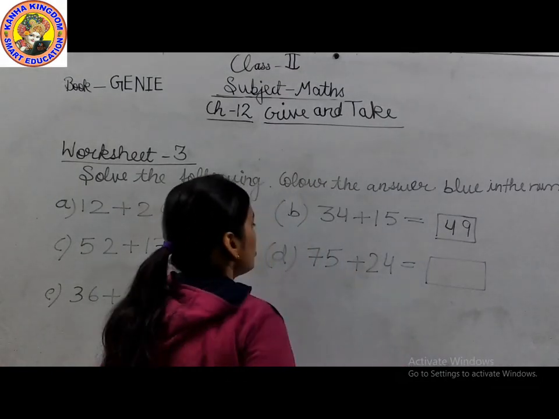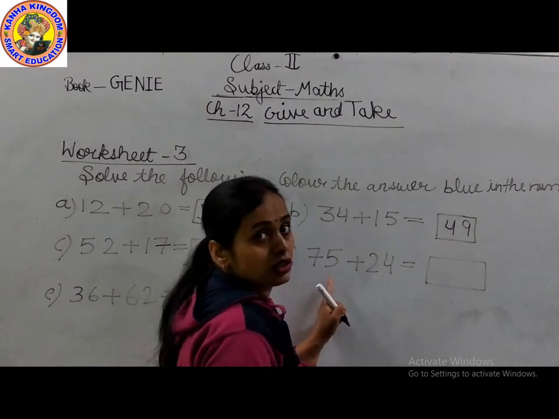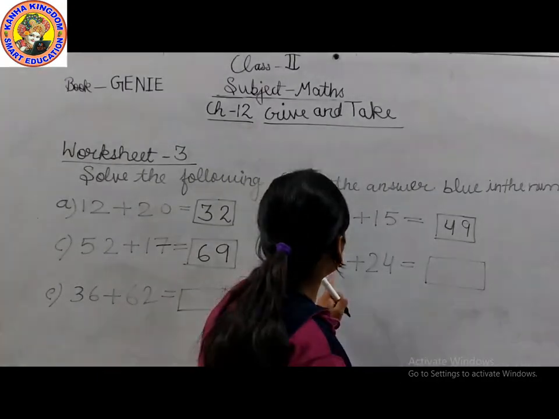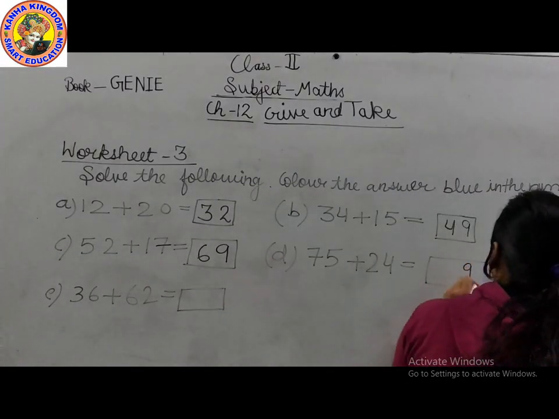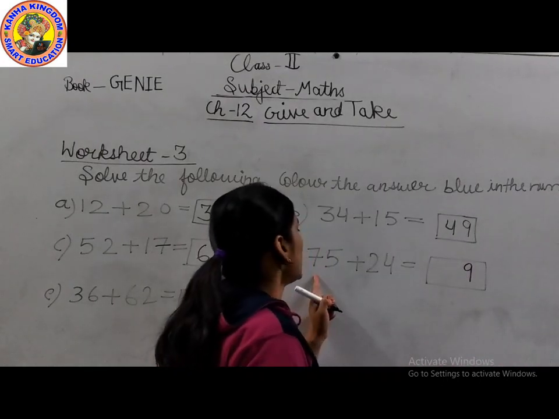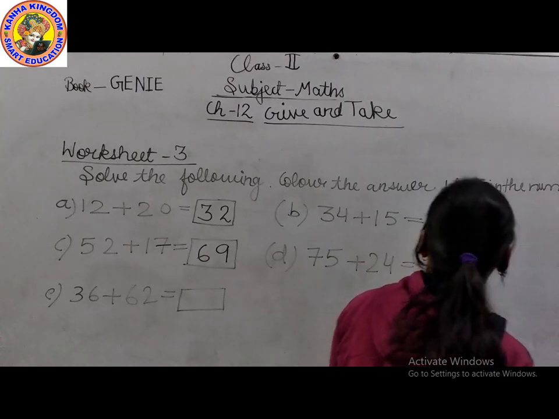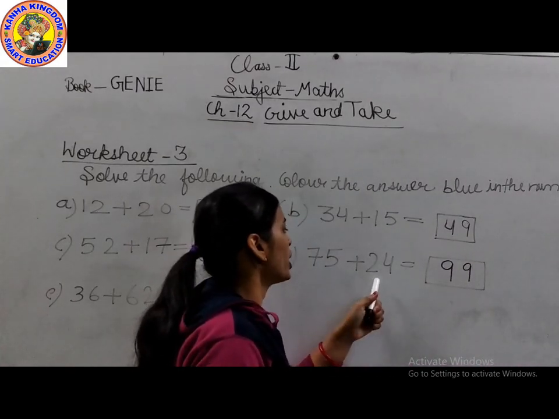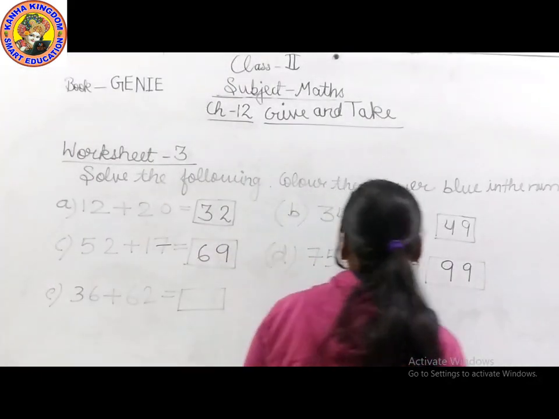Now next question number D is 75 plus 24. So 5 plus 4, 9. 7 plus 2, again 9. Means 75 plus 24 equals to 99.